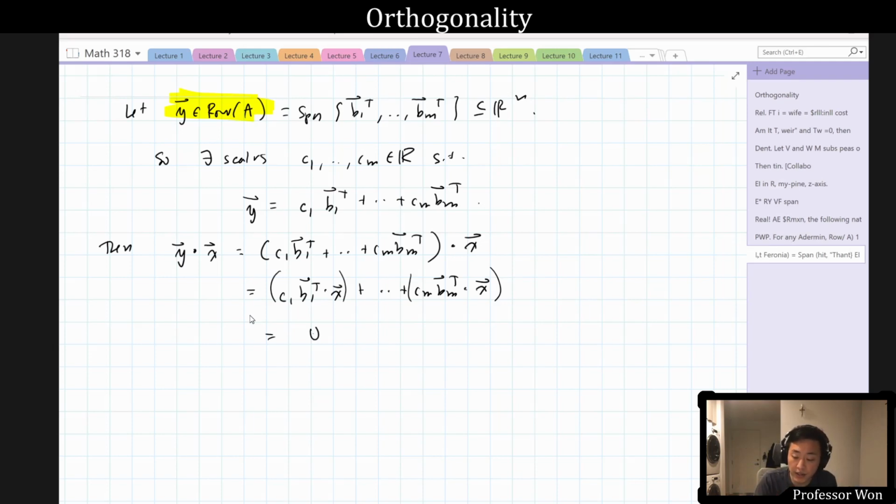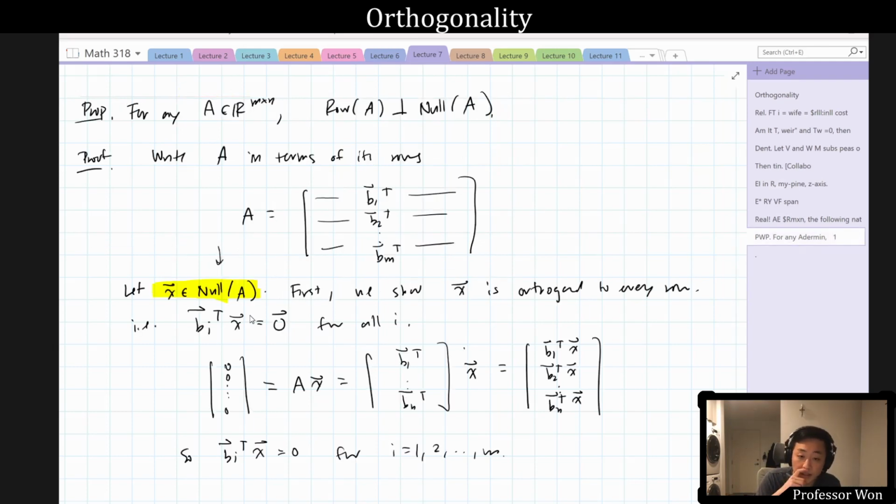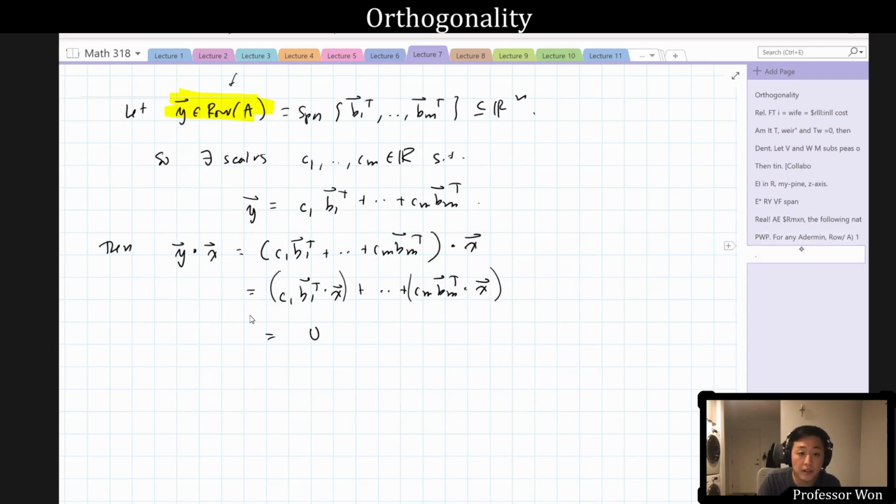In other words, I took an arbitrary vector in the row space and an arbitrary vector in the null space, and I found that their dot product was 0. That means that the row space is orthogonal to the null space.